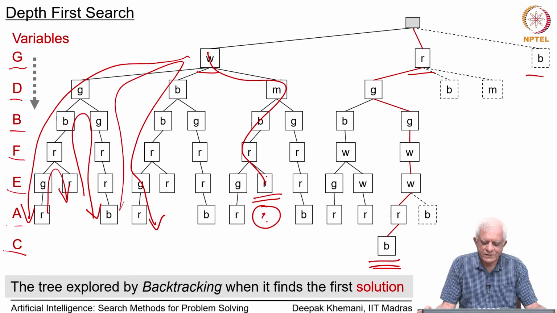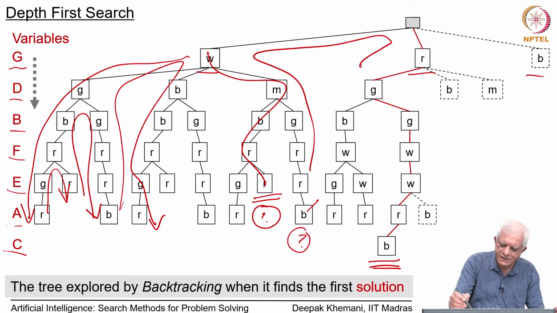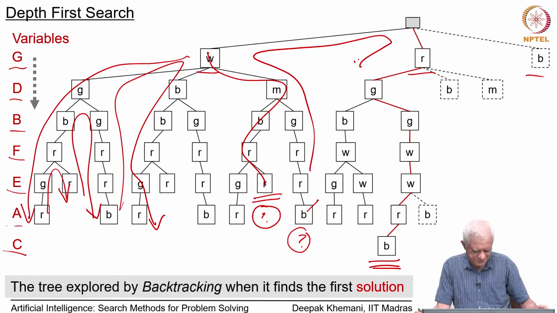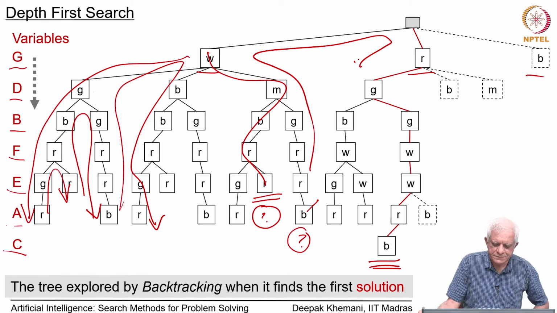So, it backtracks and tries something else. In the next cycle, it does find a value for A, but it cannot find a value for C. So, it backtracks all the way there and goes here and then comes here and eventually finds the solution. So, that is our backtracking algorithm.